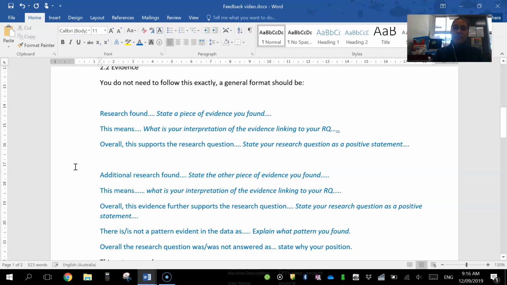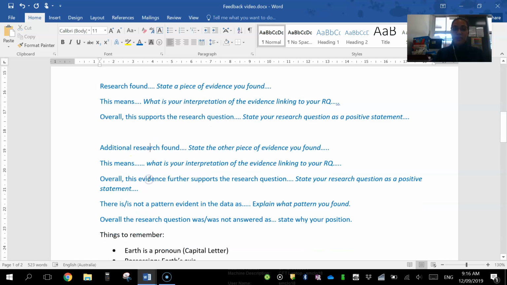So if you found that the moon and the sun are aligned when there's a spring tide occurring, your interpretation of that information is this means that when they're aligned, the gravitational pull increases, therefore the tides are higher and the tides are lower, and that is what a spring tide is. So that's what you mean by interpretation. Overall, this supports my research question that the moon causes the spring tides. So that's what we're looking for when we say this means. It's your interpretation.